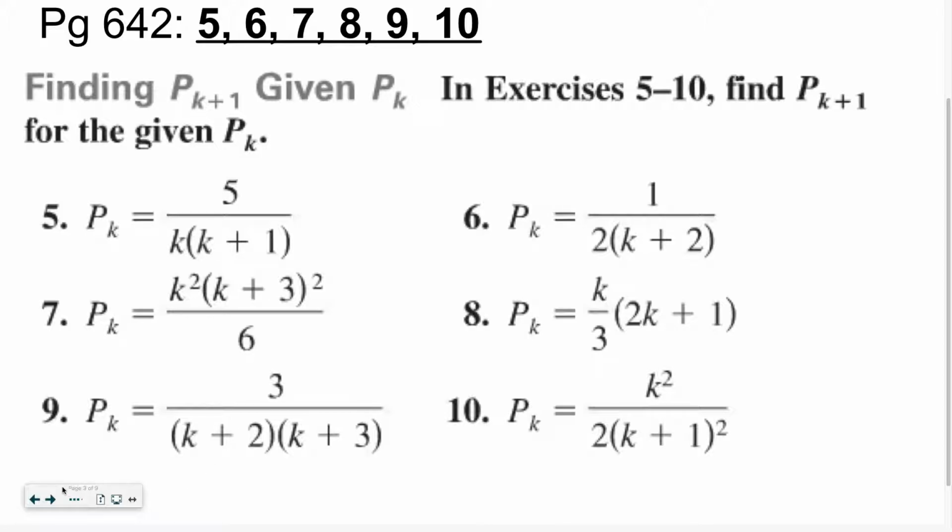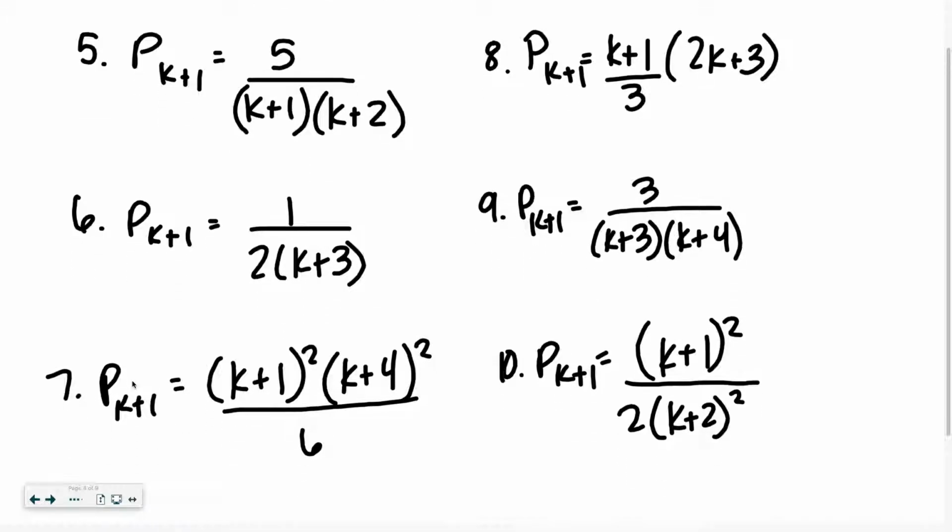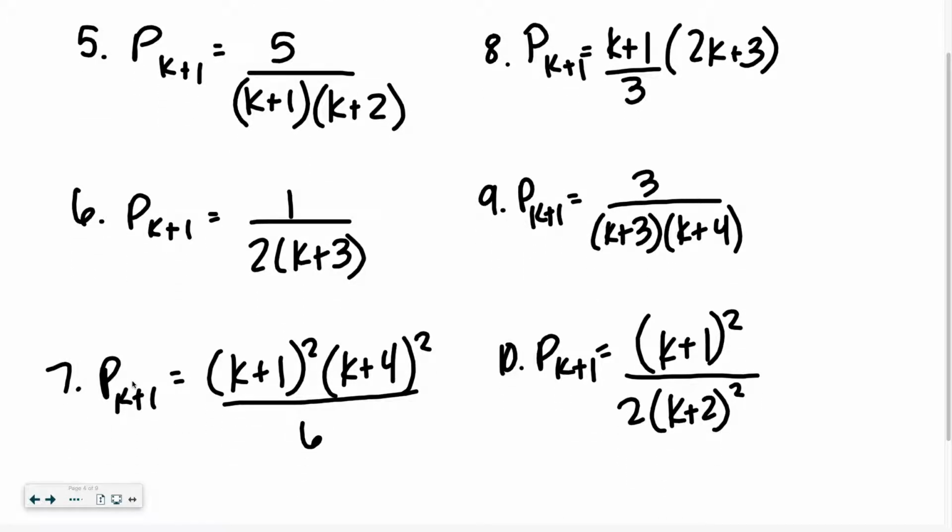Okay, you've had about 5 minutes, so now I want you to check your answers on the screen. Let me know if you can't read anything, and let me know if you have questions. I talked to a few people about number 8. Not everybody simplified theirs with the 2k plus 3, but that's an example where I would do that when I show my s sub k plus 1.